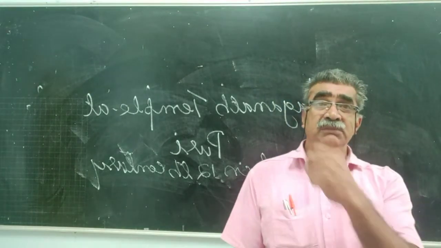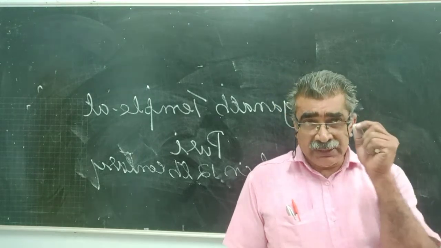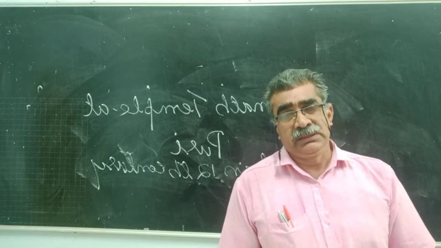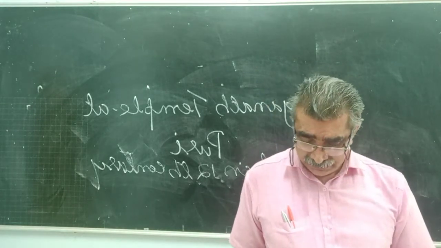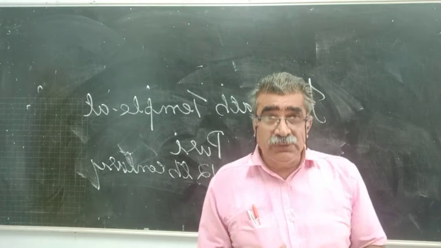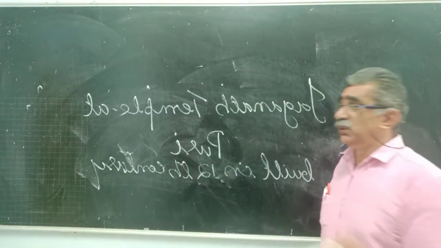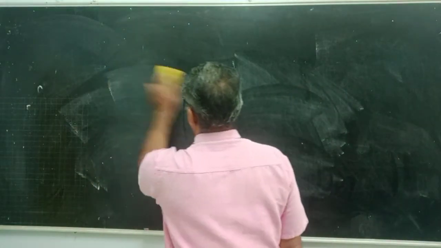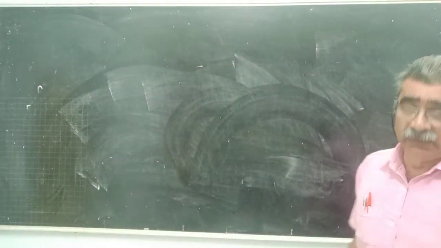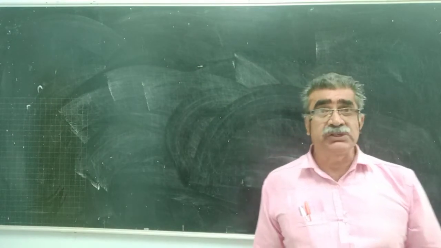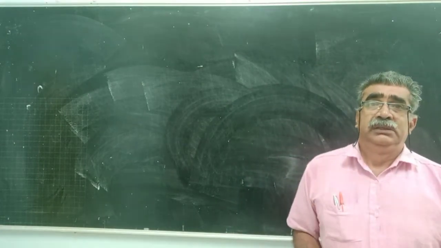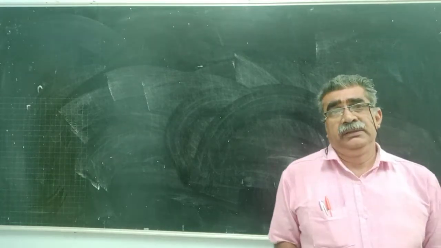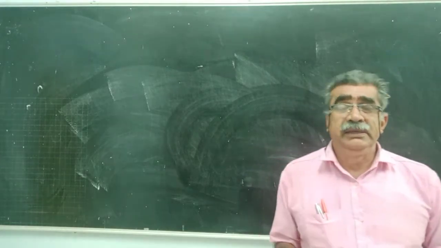These are important temples which were constructed mainly in Orissa, in the Nagara style. Now we come to some of the temples that were constructed in central India, in Nagara style itself.